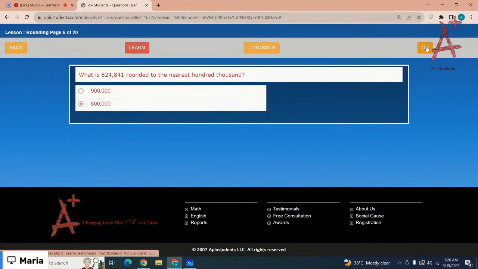Okay. What is 64 rounded to the nearest 10? 60 or 70? Which is the correct option? 64 is rounded off to 60, right?